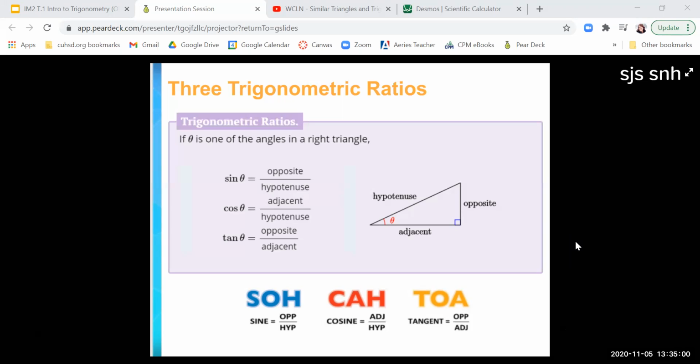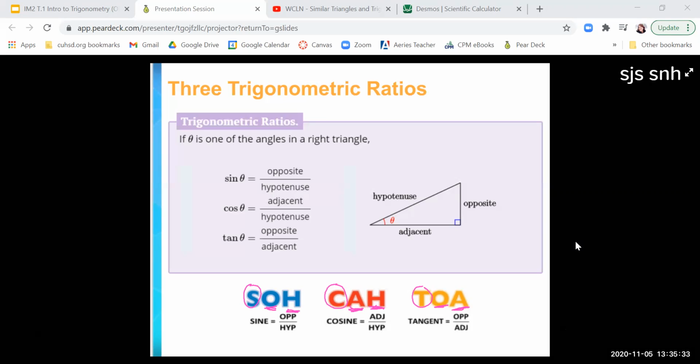So we have this special mnemonic device called SOHCAHTOA, which helps us to remember which side ratio goes with which trig function. So down at the bottom, you can see how we have sine is opposite over hypotenuse. And cosine is adjacent over hypotenuse. And tangent is opposite over adjacent.